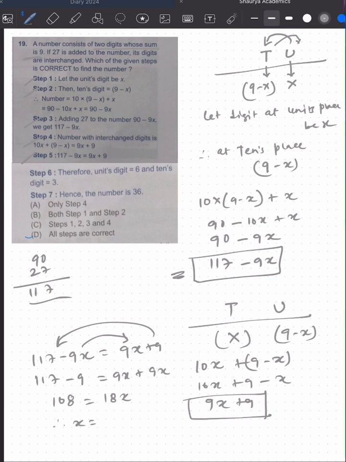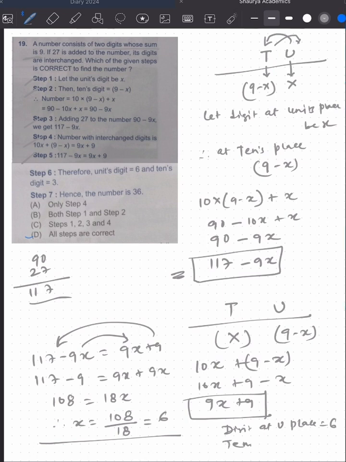Therefore, x is equal to 108 divided by 18, which is 18 ka table, 6. So x is equal to 6 means the digit at units place is 6.